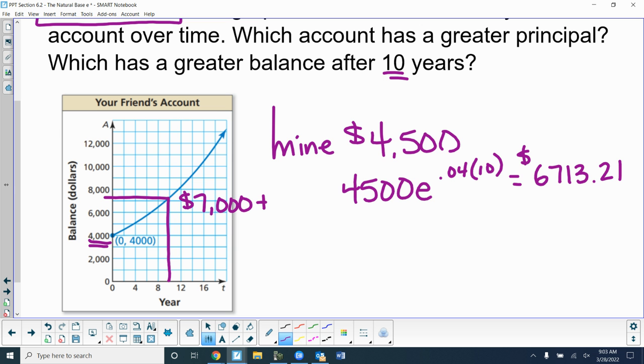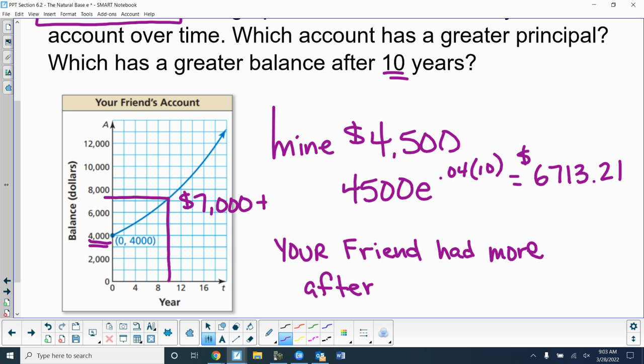So, after 10 years, did you have more money or did your friend have more money? Your friend. Do we understand how to do that problem? So you started out with more, but after 10 years, your friend did.